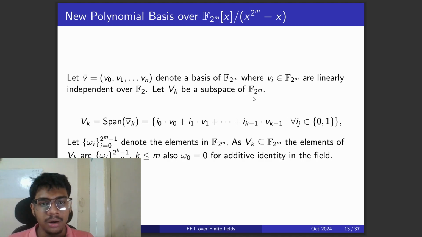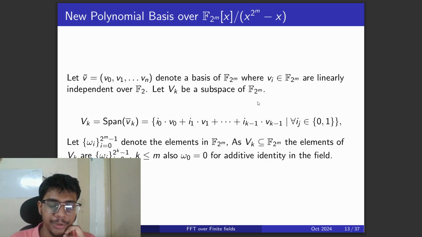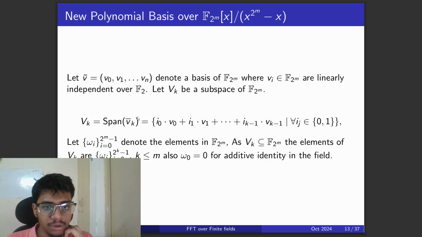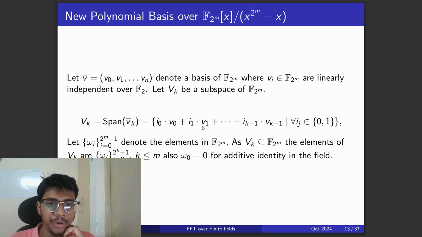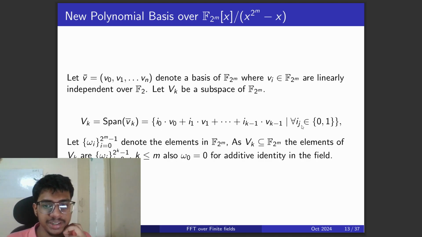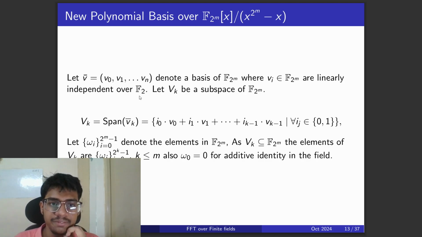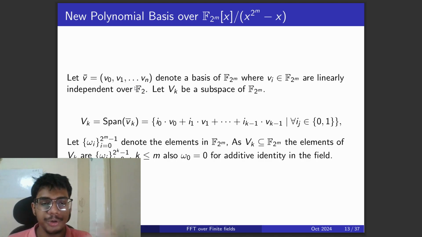So we will get a subspace F_2 to the power of m. We can get the subspace for dimension k, which is represented here, where the coefficients i_0, i_1 till i_{k-1} can only be assigned 0 or 1, which is our dimension 2 finite field.